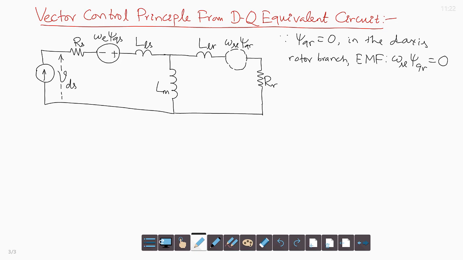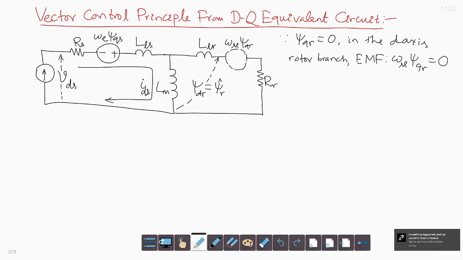So, this is the flux psi dr which is also psi r hat between these 2 points, and this is the current IDS. And let us do the q axis equivalent circuit.